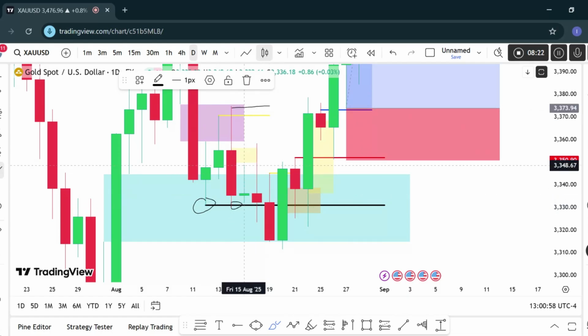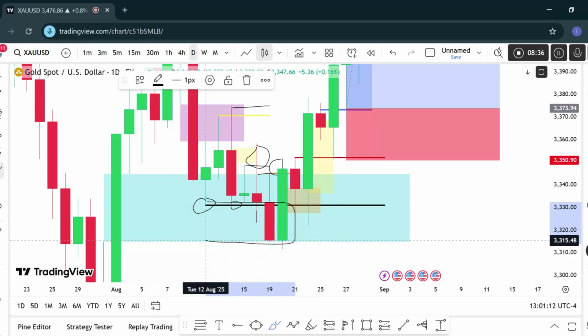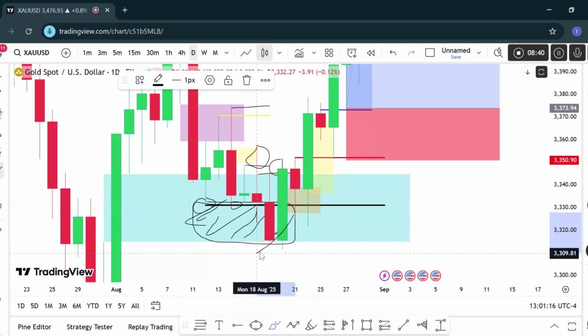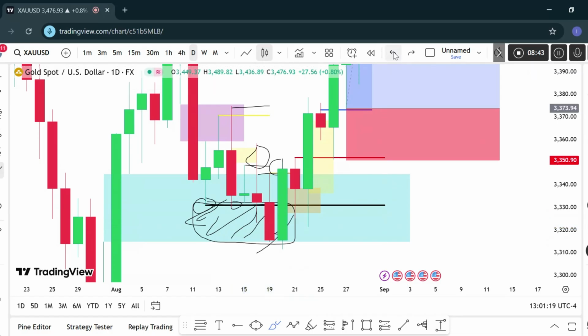No, we didn't. And the next day also, after we swept that one, we didn't close above that. It's just a wick. And then the third day, we didn't close above that. And then the fourth day, after taking all of this liquidity right there, it's all like 5 days of smoking people in the wrong positions.